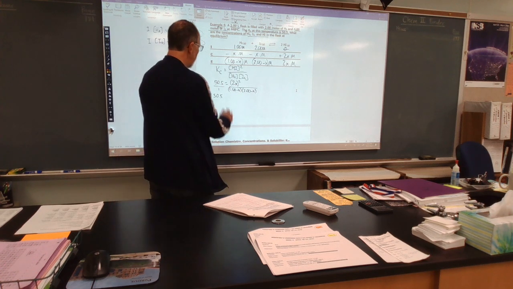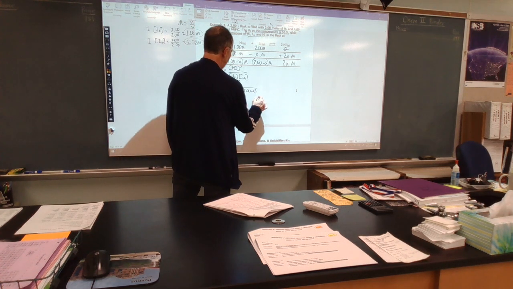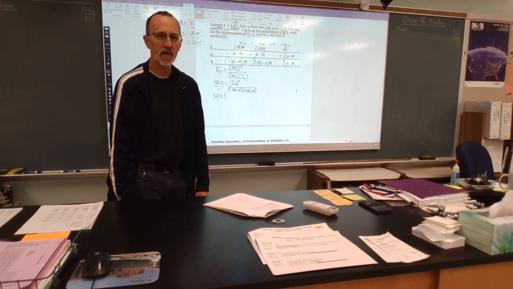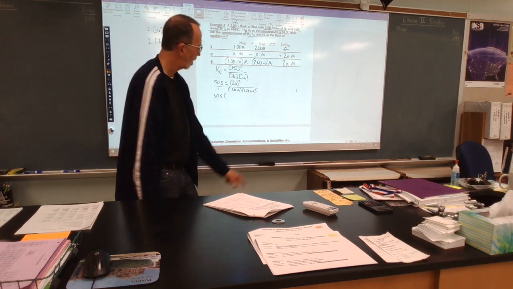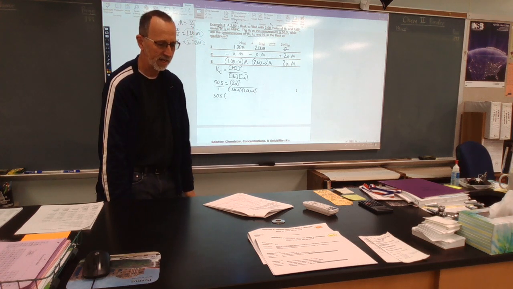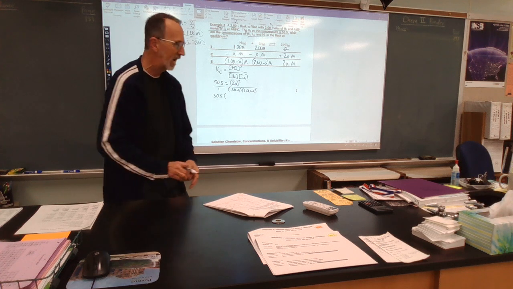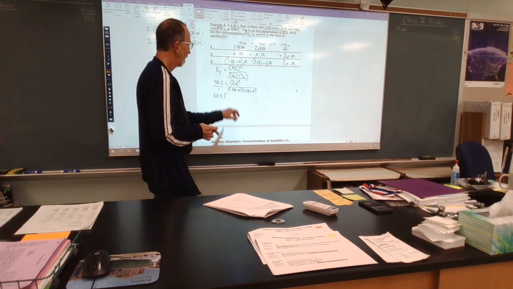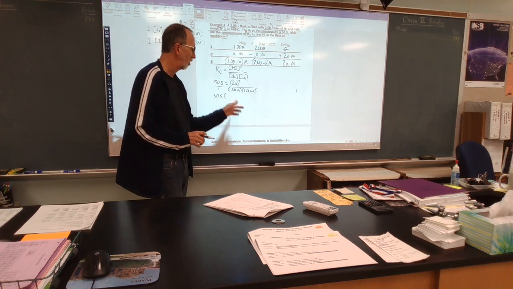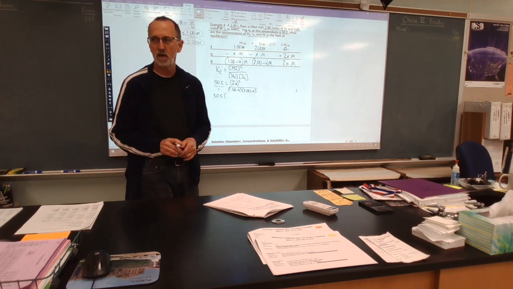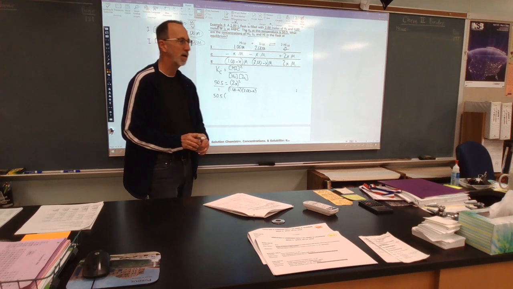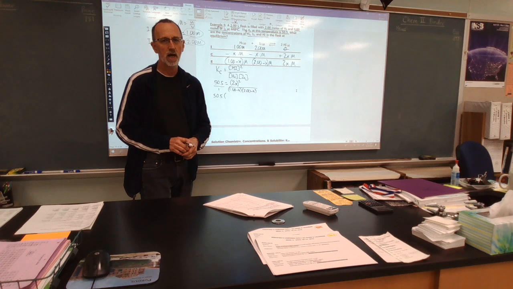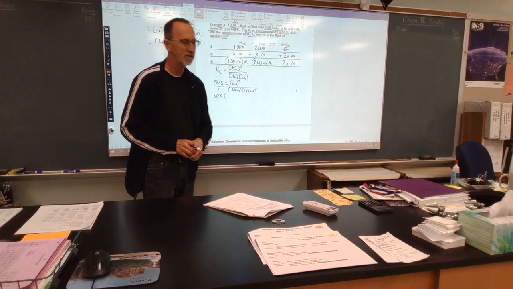So I'm going to FOIL this out and get an expression for these two quantities multiplied together. For simplicity's sake, I'm going to eliminate the 0.00 there, but remembering that those are going to play into our sig figs and our final answer.